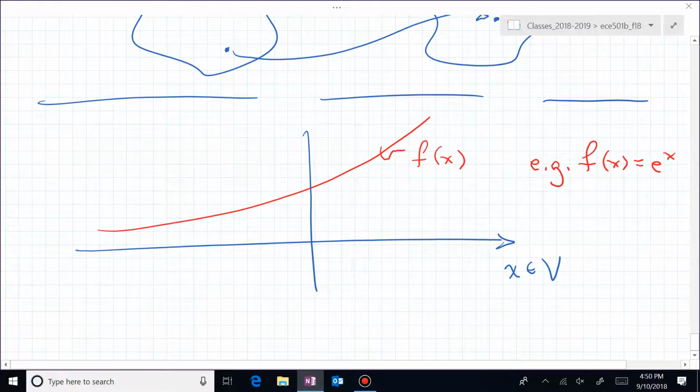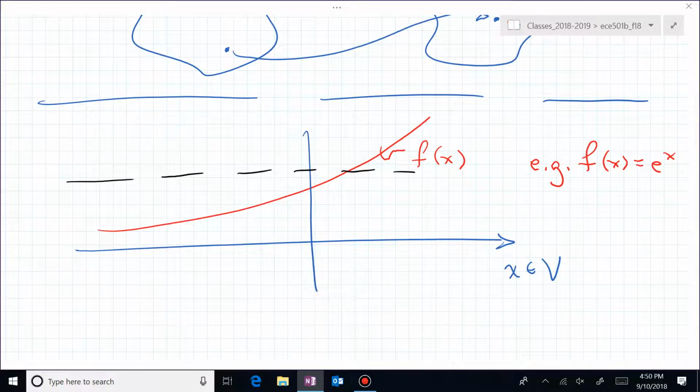And one way to think of that is, how would you define that you give me a unique x, I go to a unique y or a unique f of x? One way to check that would be to draw a horizontal line. It only crosses that function once. It doesn't cross it multiple times.